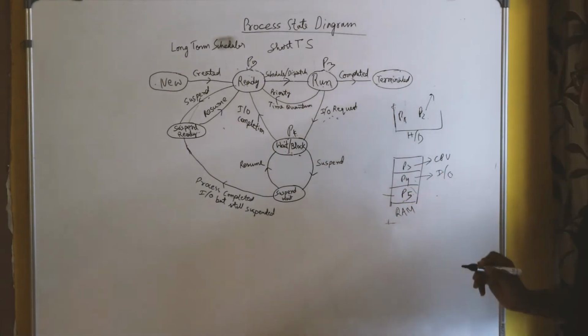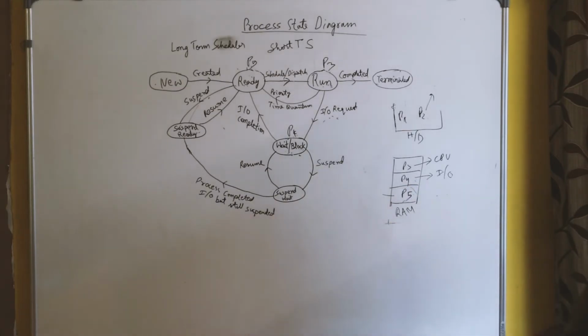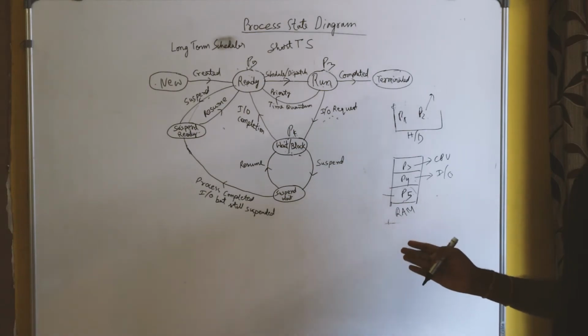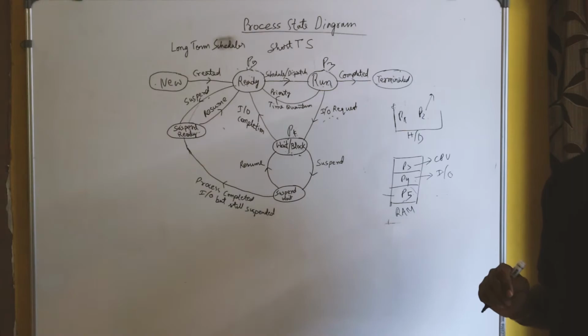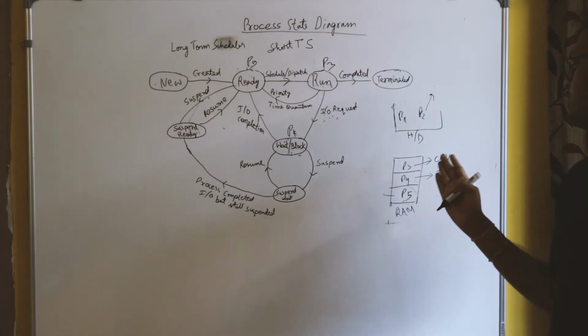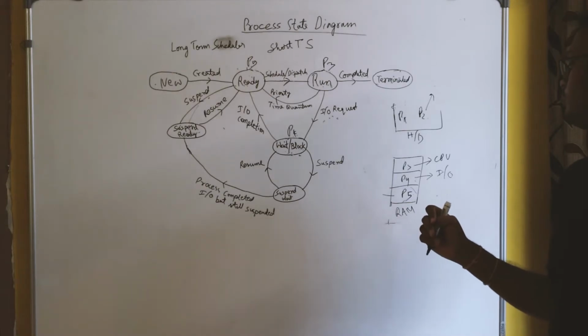Why am I telling you? Here P4 is busy with IO. So definitely P4 will take some time to complete its IO activities. That's why P4 is unnecessarily occupying the RAM, because for some time P4 will not be given CPU.